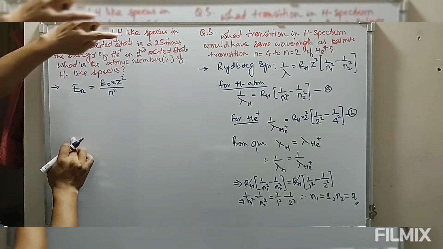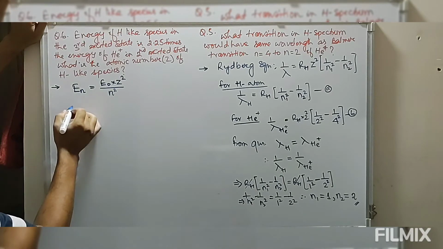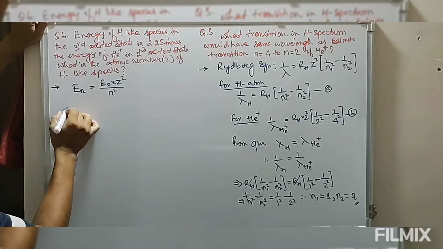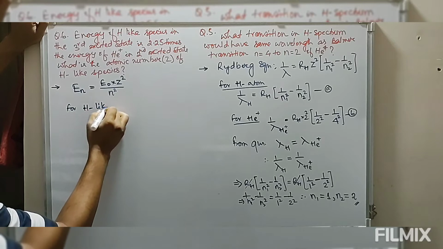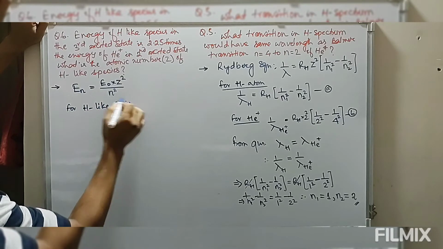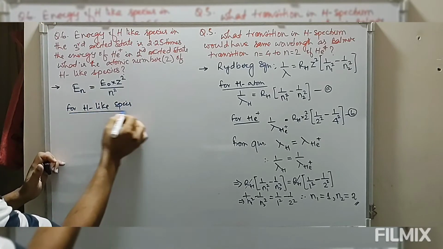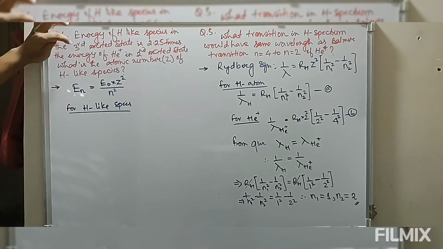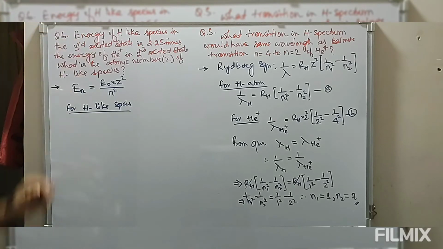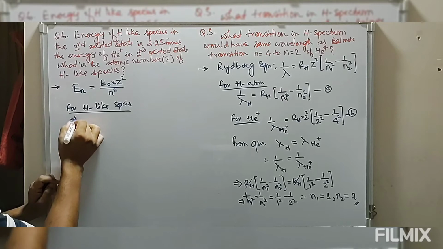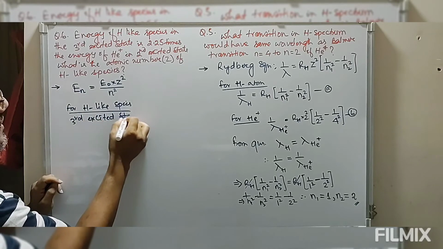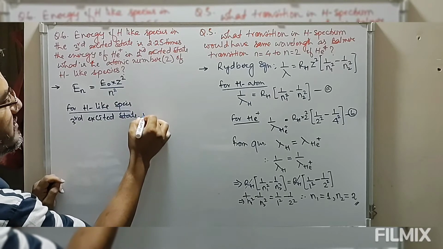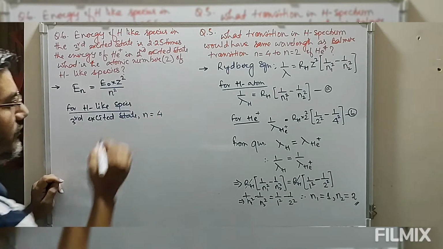Now look at this, we have a hydrogen-like species. The question says this is in the third excited state. Third excited state means n equals 4.